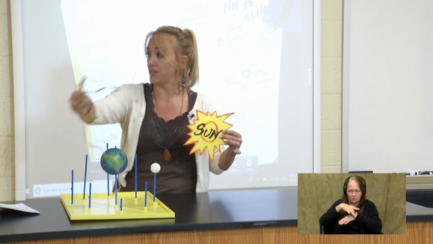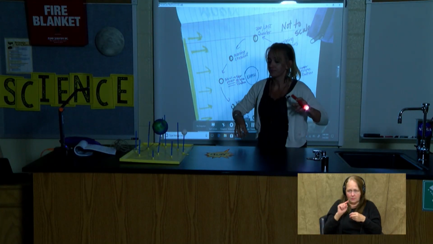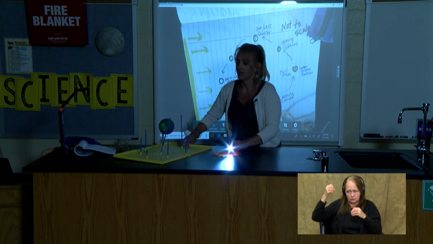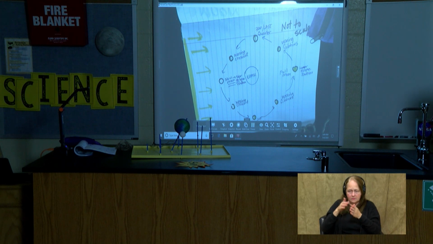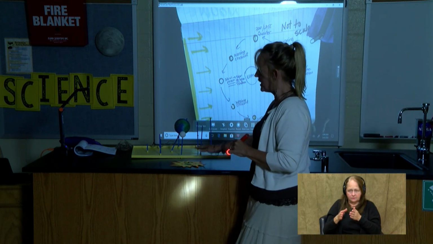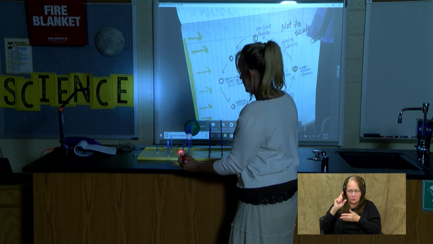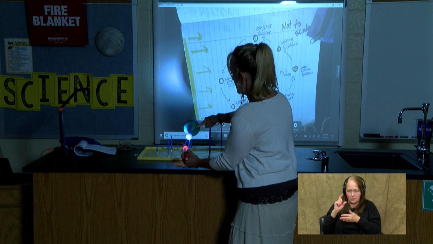So let's kind of kill these lights real quick if you don't mind. So I'm modeling the sun. Let me come on this side. From this position, new moon is casting a shadow.